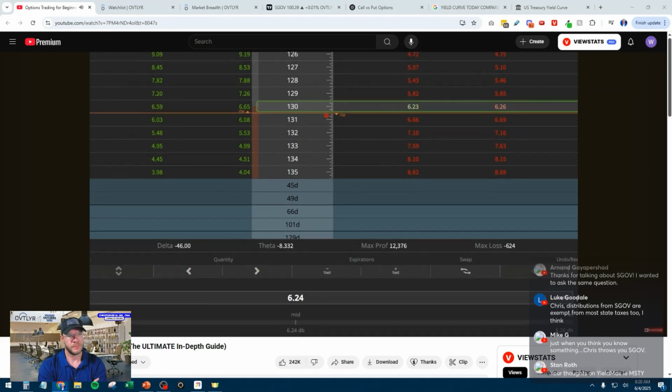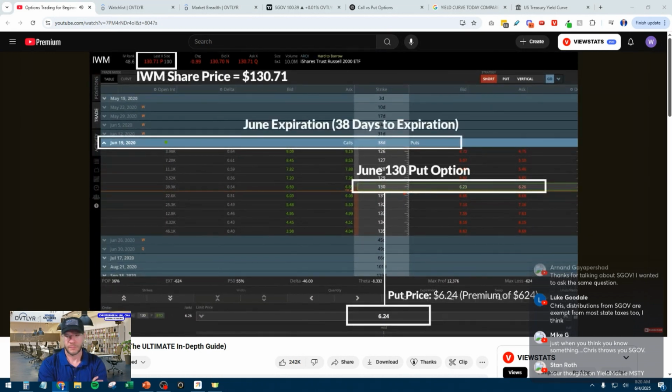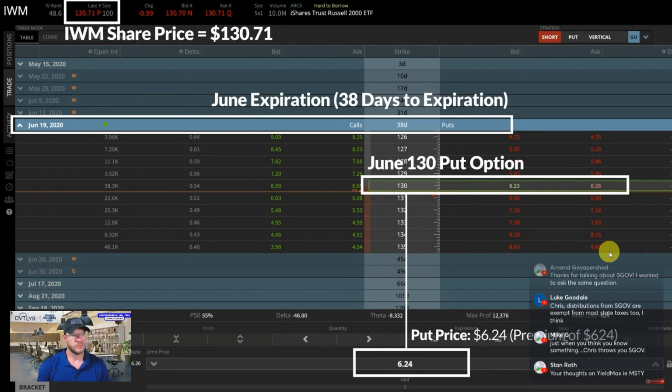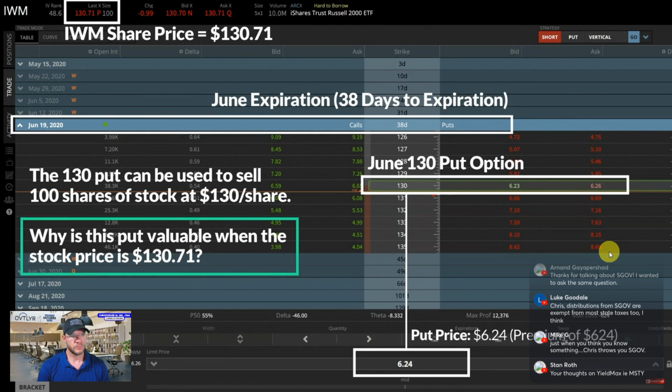Now you might be wondering, the stock price is currently at $130.72, but the option strike price for the put option that we are looking at is $130. And since a put option gives the buyer the right to sell 100 shares of stock at the put option strike price between now and expiration, why is this put option worth $624 when there's really no value in owning this put option?